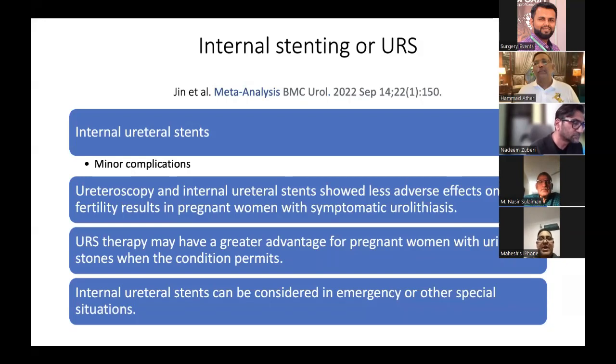Yeah, my opinion is again the same thing. We discuss with the patients the advantages and disadvantages of all these procedures, and definitely it looks like all the guidelines are mentioning ureteroscopy as the first line, especially the American Urological Association guidelines advocating ureteroscopy as the first line, but it seems that none of these trials or papers have very good numbers.